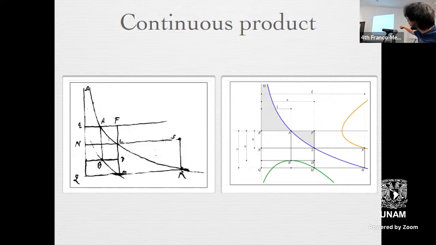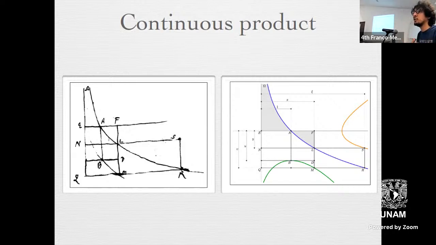Here you have the logarithm. The blue line is the logarithmic curve. The curve below is the integral of the logarithmic curve, and the curve on the right is the curve searched by Leibniz, which corresponds to this notion of continuous product.